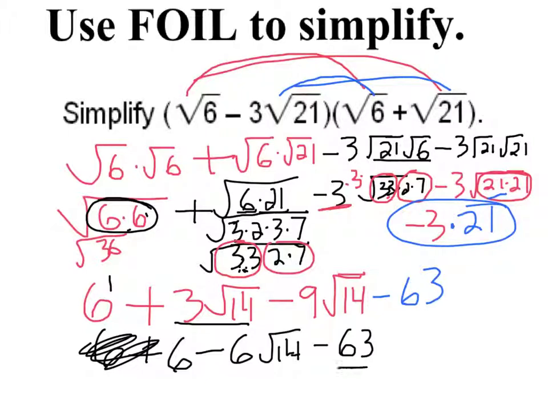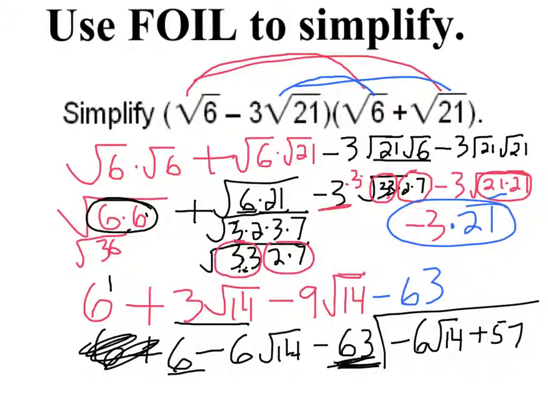Now, this 63 and the 6 can be put together, so my final answer will be negative 6 square root 14 plus 57. If I put negative 63 with 6, that will give me plus negative 57. Sorry about that. Plus negative 57.